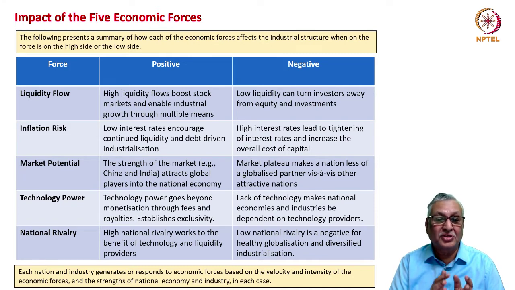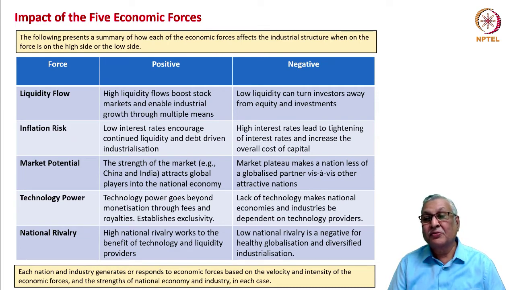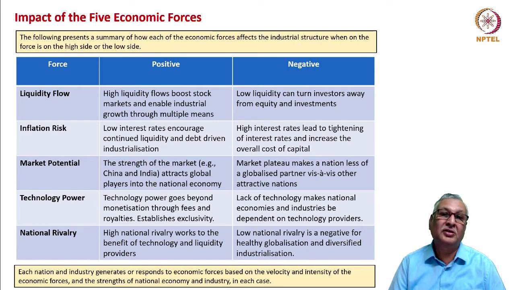Market potential. The strength of the market, that is the size of the national market, example China and India as striking examples, attracts global players into the national economy. Whereas if there is a plateau in the market size of an economy, it makes a nation less of a globalized partner vis-a-vis other attractive nations. Technology power.